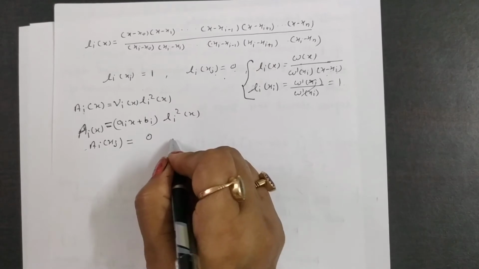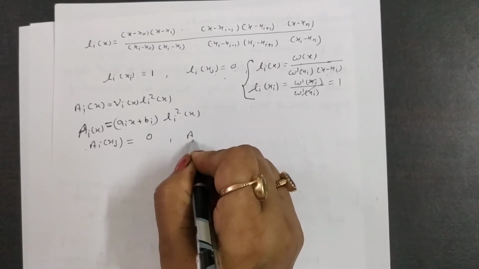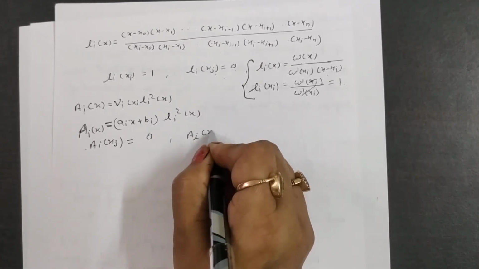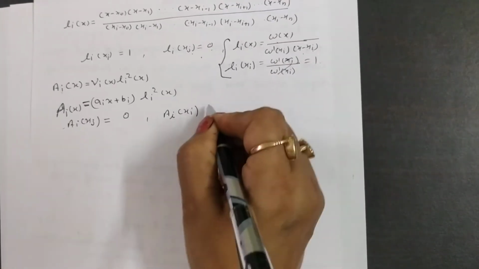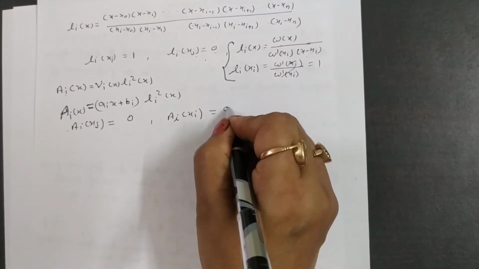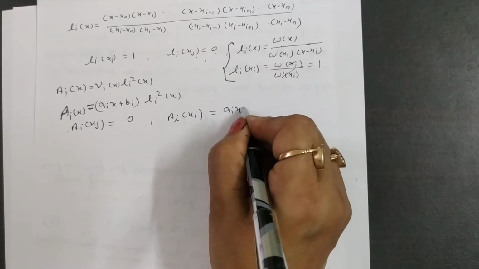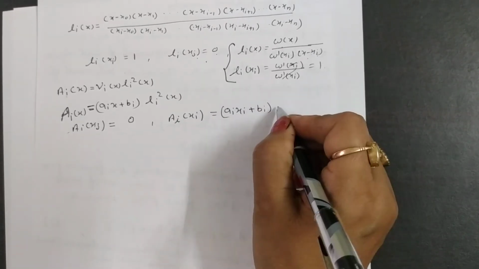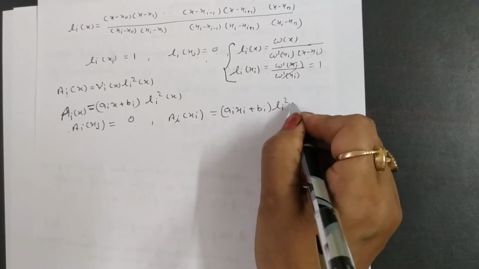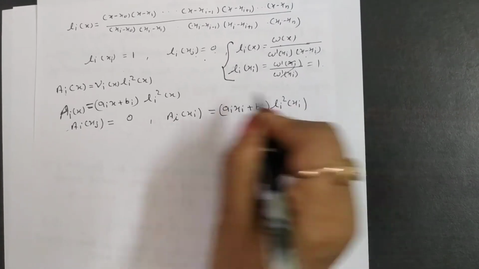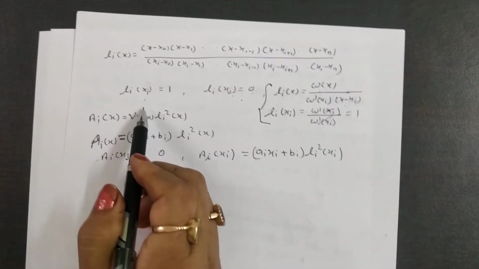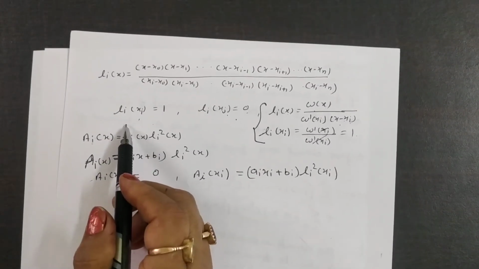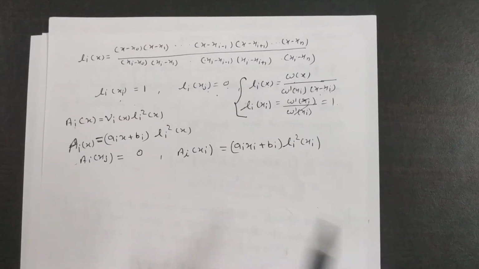Now the next one, if you operate at the point xi, then this becomes (ai xi plus bi), and here is Li square(xi), and this is equal to 1.